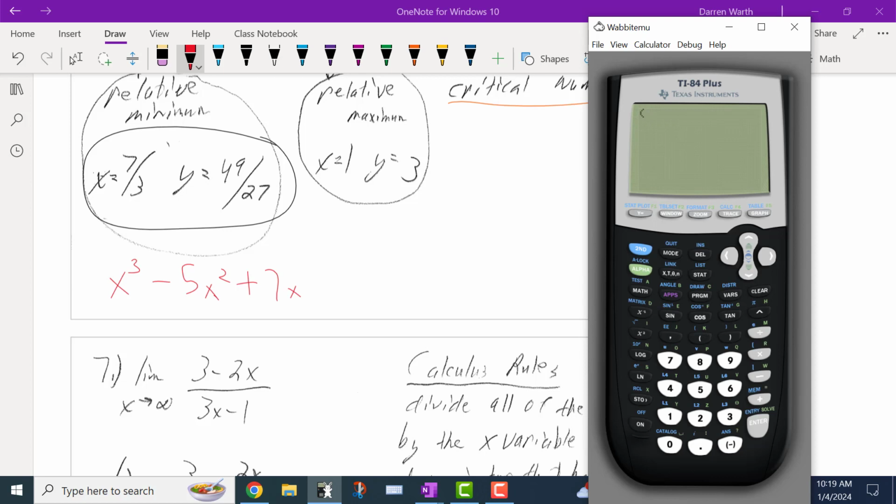We'll put parentheses around it just to make sure that it's coming out okay. So I got 7 over 3, take that to the third power, arrow off the side, then minus 5, and then put parentheses, hit alpha F1, hit your fraction key, and type in 7/3.